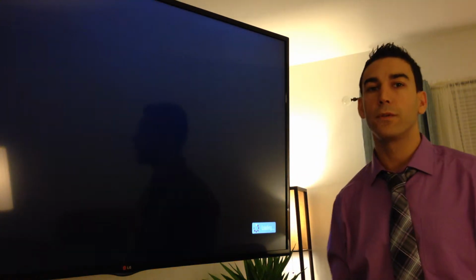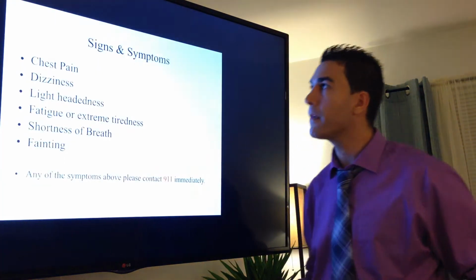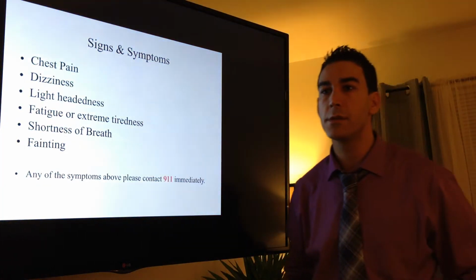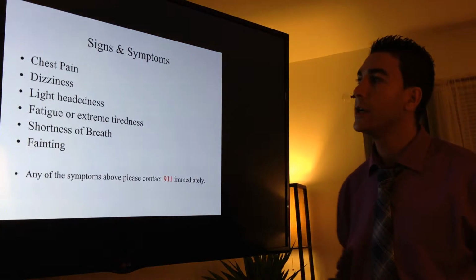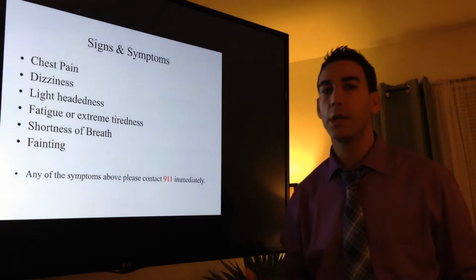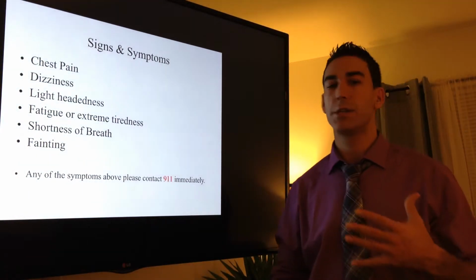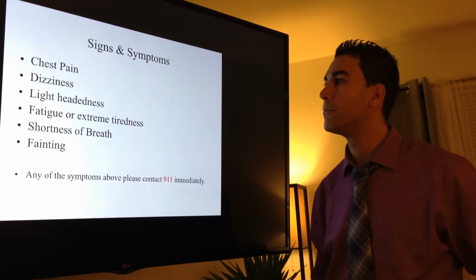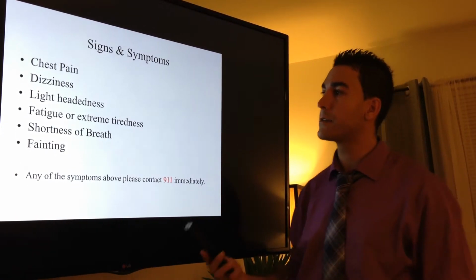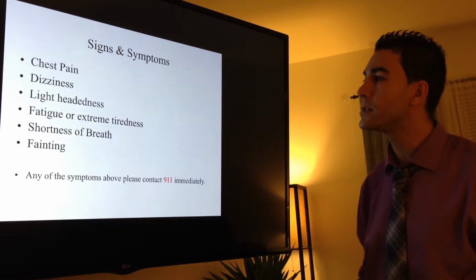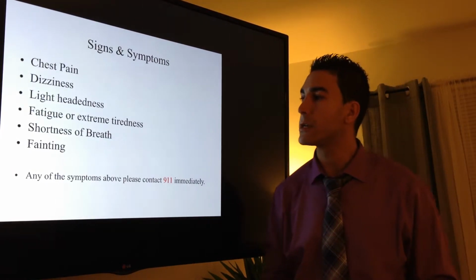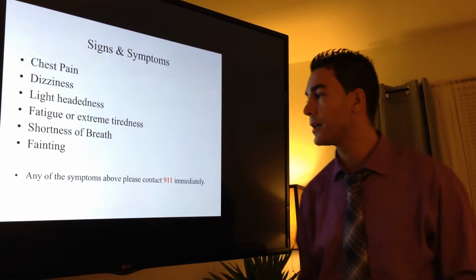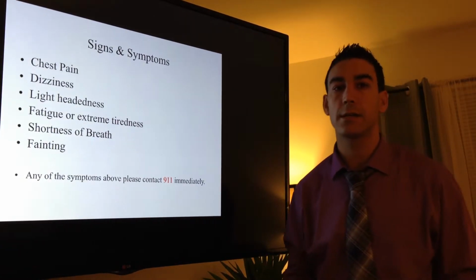And as we go through the next slide, I'm going to talk a little bit more about the signs and symptoms of the athlete's heart. Usually it comes with the chest pain, you have the dizziness, lightheadedness, fatigue or extreme tiredness of the body, shortness of breath, and fainting in some cases.